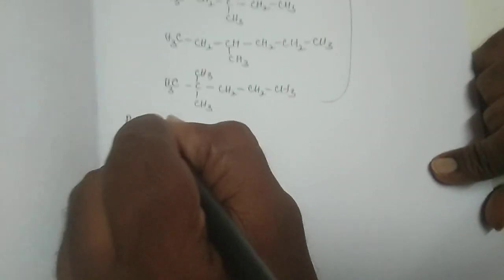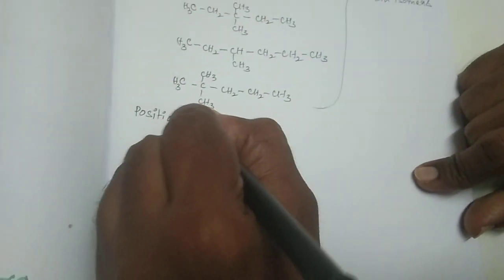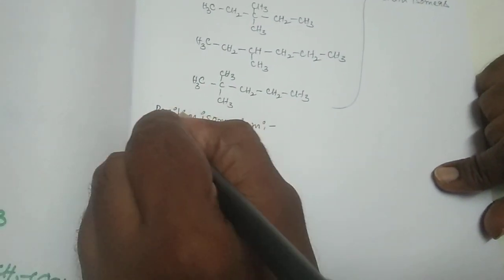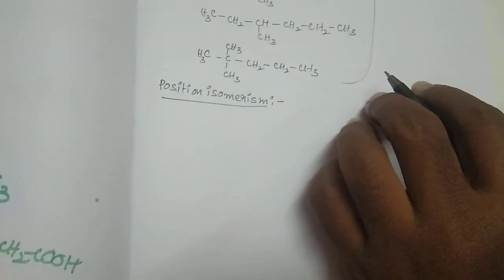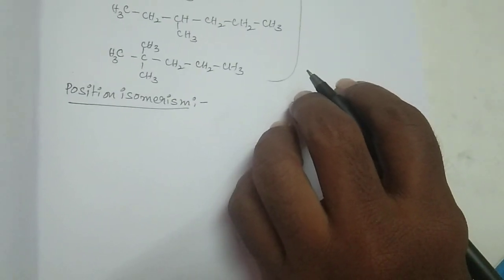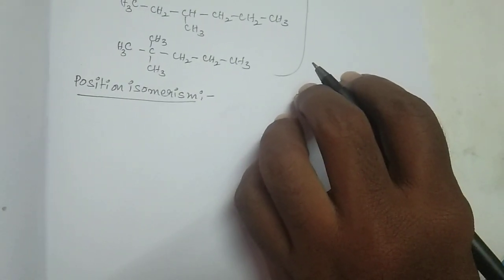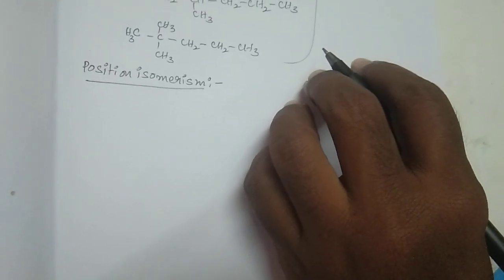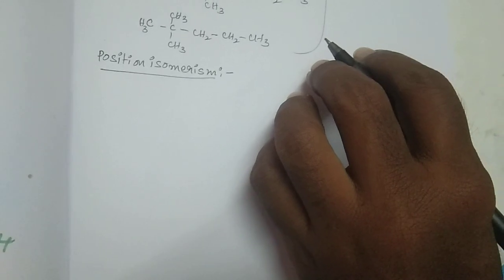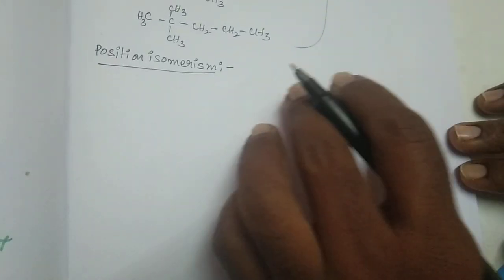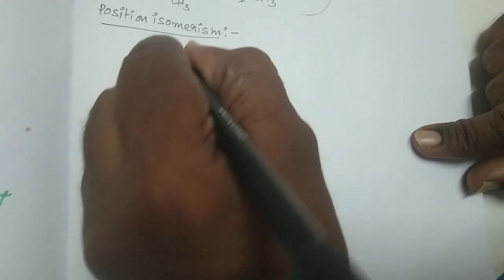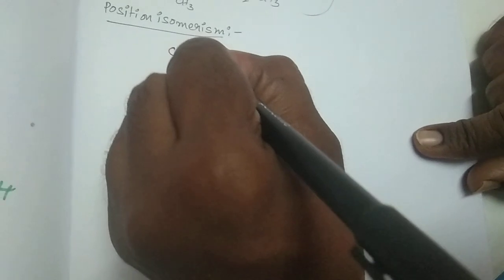Okay, so the next isomerism is position isomerism. Position isomerism is nothing but two or more different compounds with the same molecular formula showing the functional group or substitution at different positions of the carbon chain. For example, the molecular formula C3H8O.